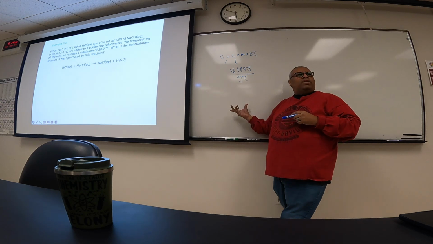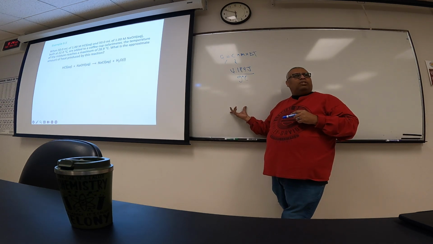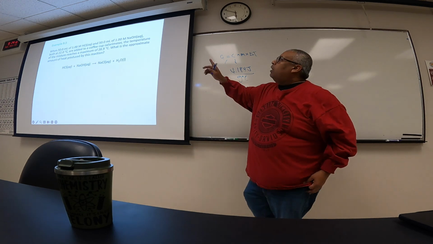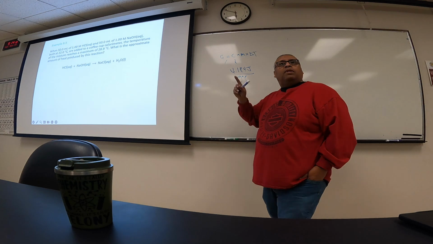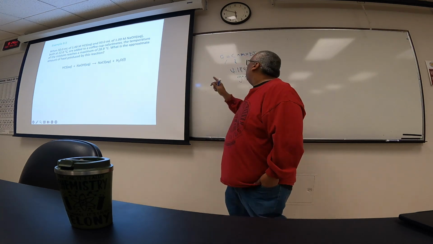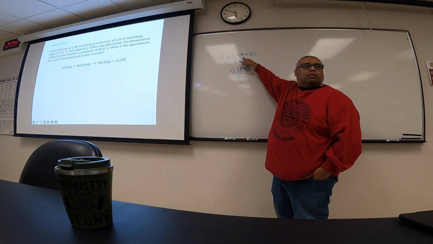And what did we say that we could do with the milliliters? We can simply change them to grams. So if we're talking about 50 mL of hydrochloric acid and 50 mL of sodium hydroxide, what is our mass?